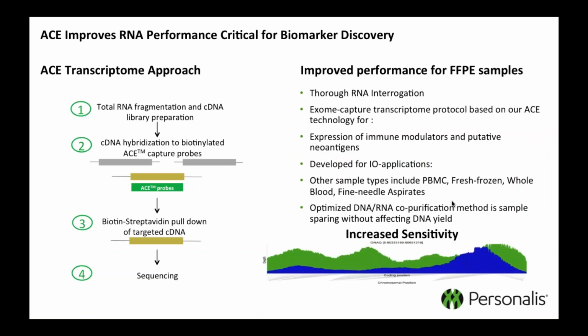And so accurate whole transcriptome sequencing is also critical as you're defining your solutions in biomarker discovery. And we apply our same ACE technology to our solution for whole transcriptome sequencing. As mentioned, in many of these oncological studies, FFPE samples are the materials available for analysis.